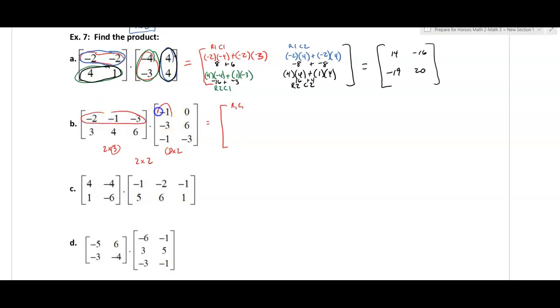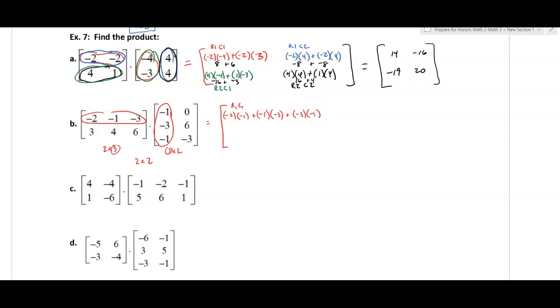This would give me negative 2 times negative 1 plus negative 1 times negative 3 plus negative 3 times negative 1.